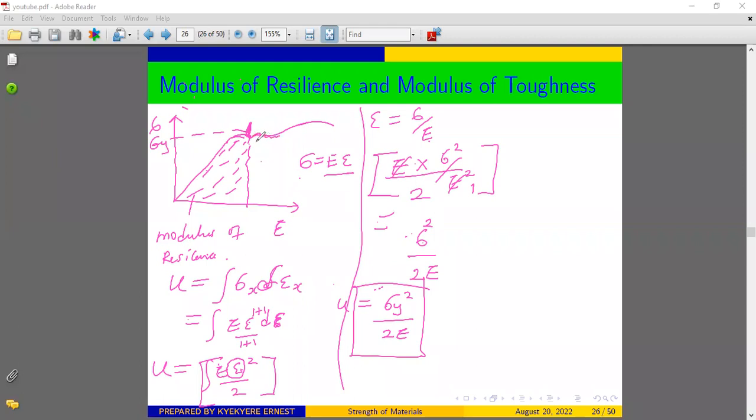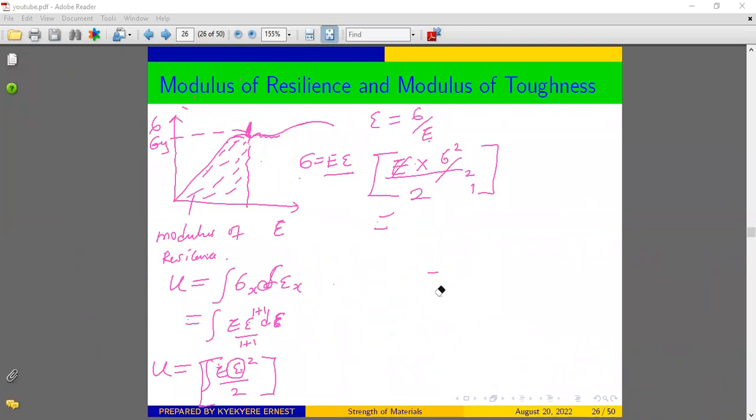Therefore, we are saying that the modulus of resilience is a measure of the maximum energy that can be absorbed before creating a permanent distortion or deformation. Quickly, let's look at the modulus of toughness, and we look at strain energy for normal stresses, and then we can bring our discussion to a close.